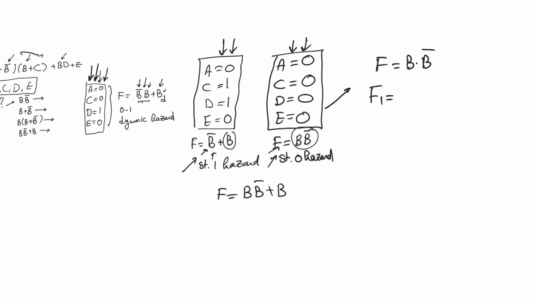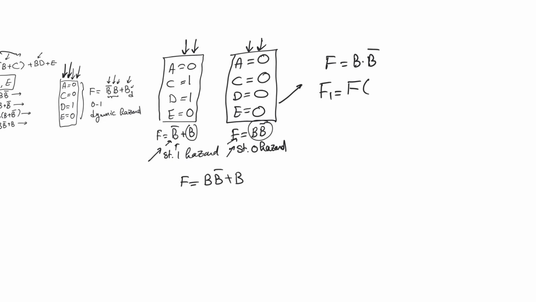The way we address this is we multiply the original expression of the function f by a new bracket, a new term, which in circuit terms is going to be equal to adding a new product term by adding an OR gate and then an AND gate. This product term is going to be active only when we have all the combo of the other variables a, c, d, and e be equal to 0.